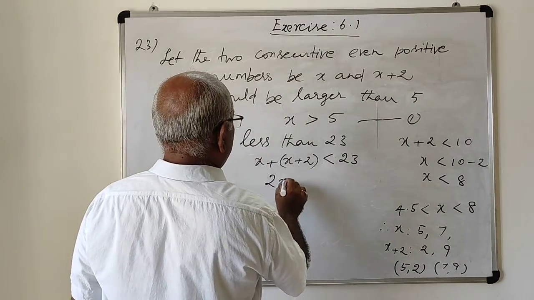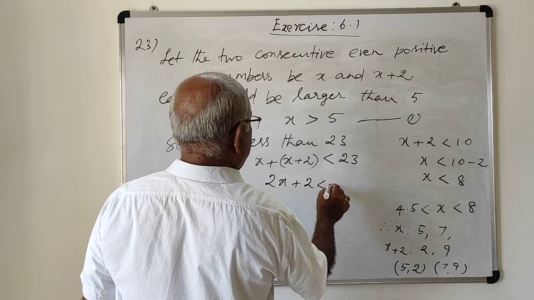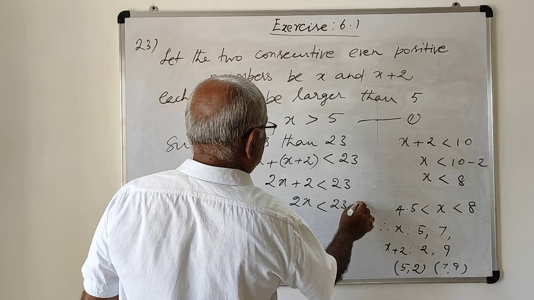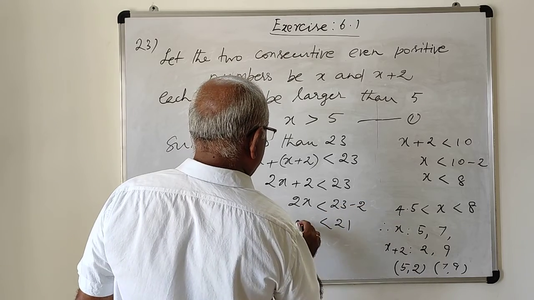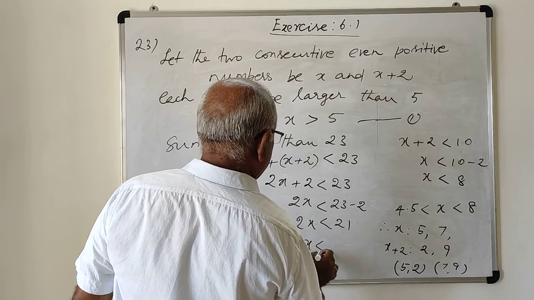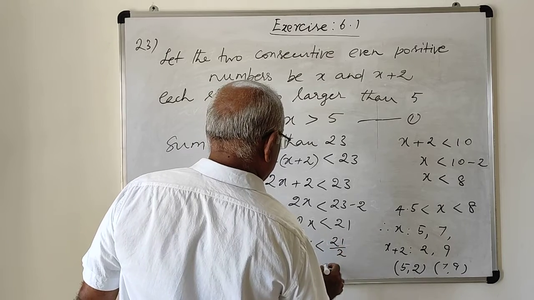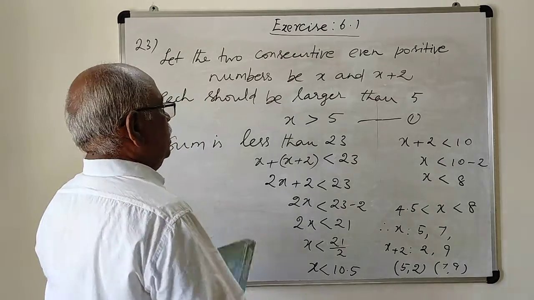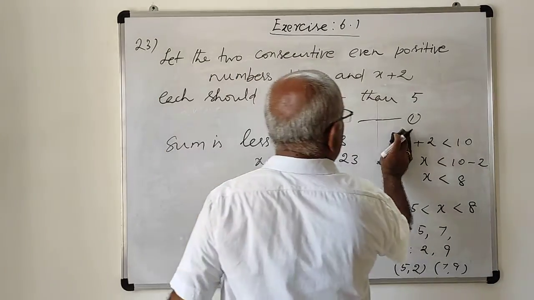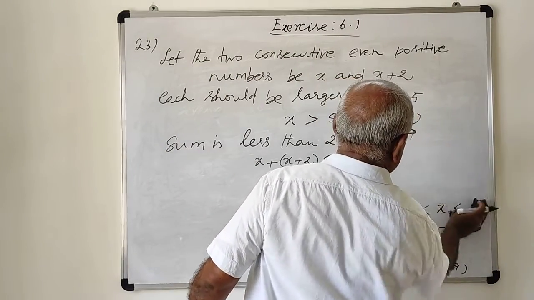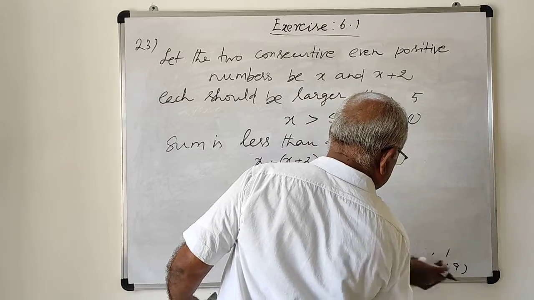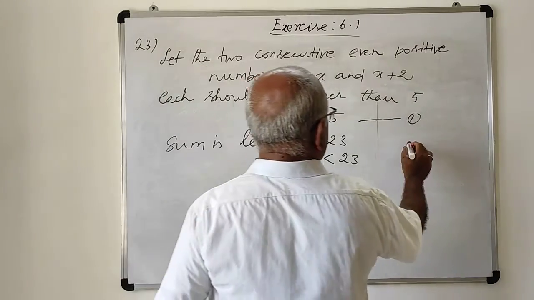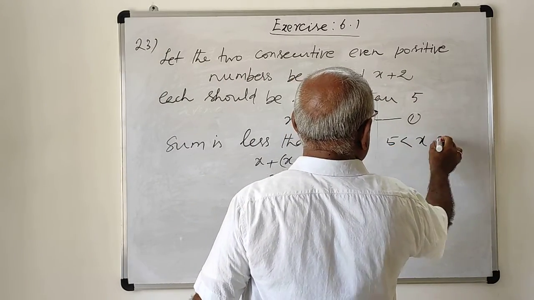That is 2x plus 2 less than 23. 2x is less than 23 minus 2, that is 21. 2x is less than 21, x is less than 21 by 2, that is 10.5. X is greater than 5. Similarly, in this case, x is greater than 5 but less than 10.5.